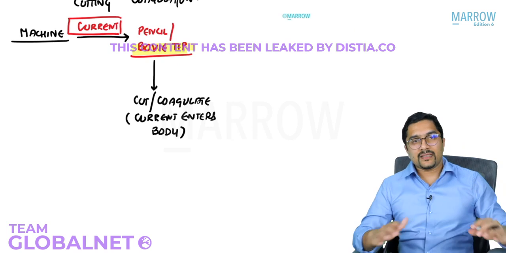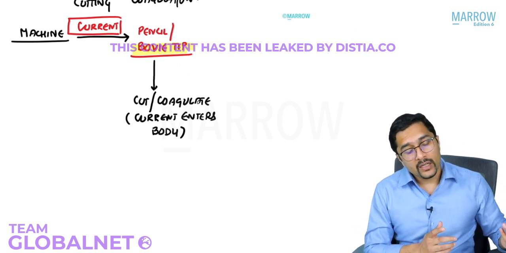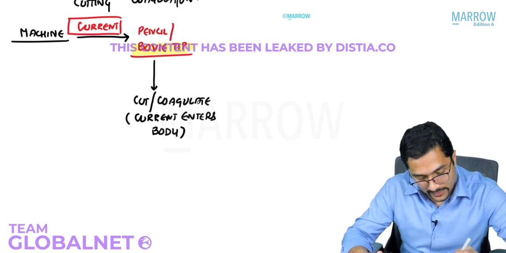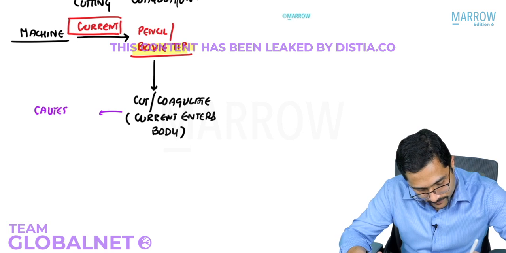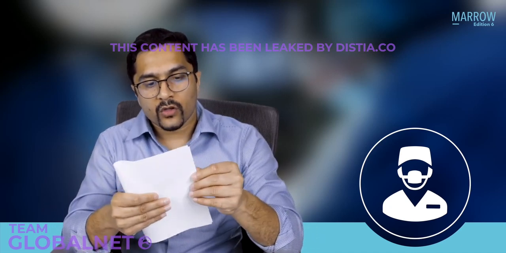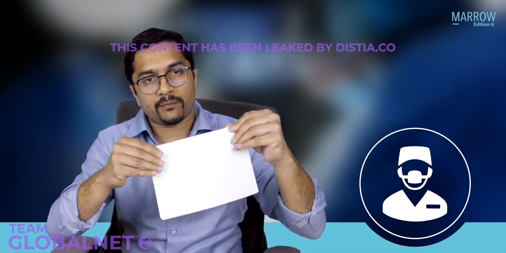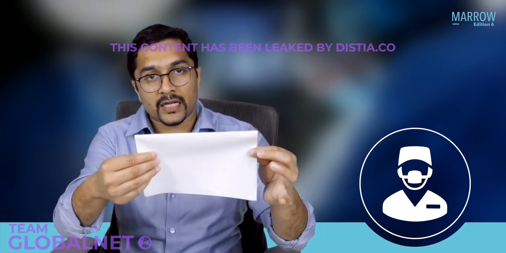Now, once the current has entered the body, the current also has to escape the body, right? For that to happen, you must have seen that a cautery pad is put. You must have seen in a surgical patient, on the thigh or the calf, the technician puts a white pad, a cautery pad, right?